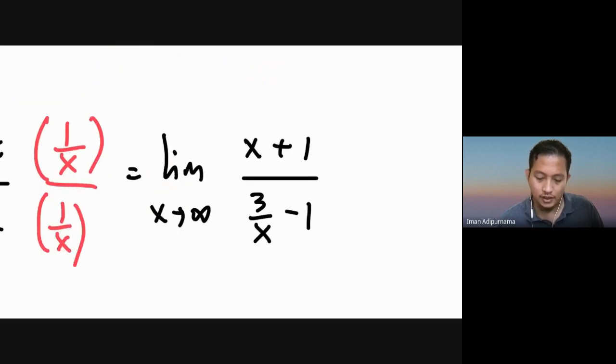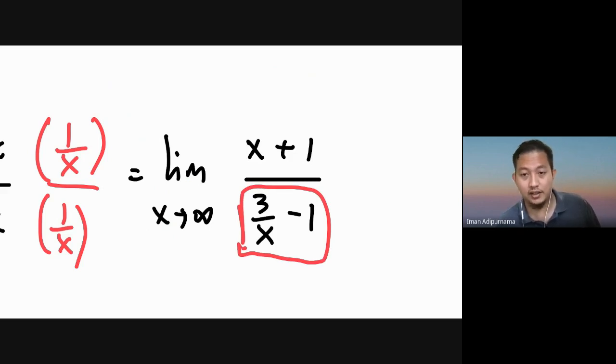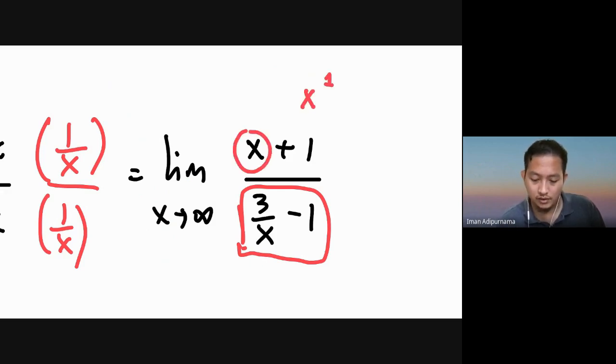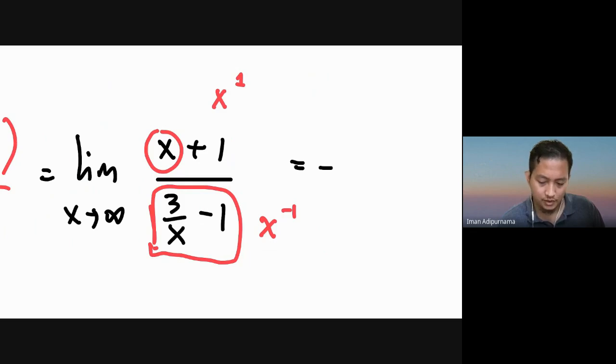You see here that at the bottom there is a lower power of x than the top one. This is having x to the power 1. This is actually minus 1, right? If you look at only the variable, you can conclude that this is going to have negative infinity.